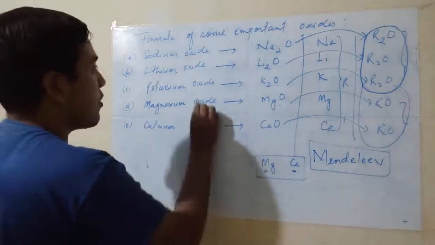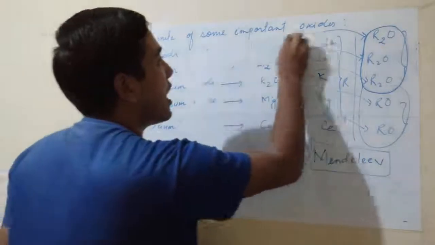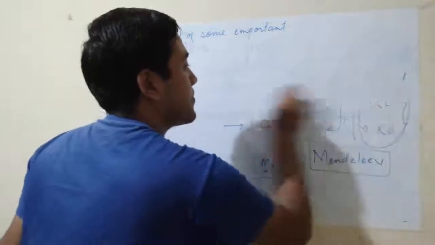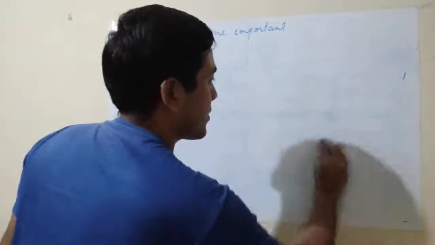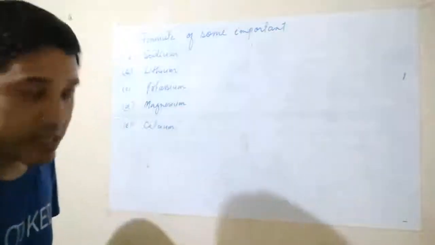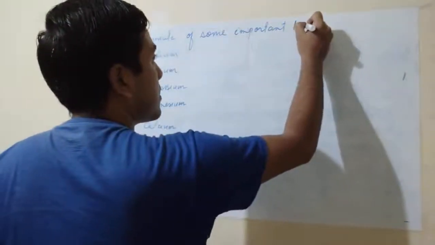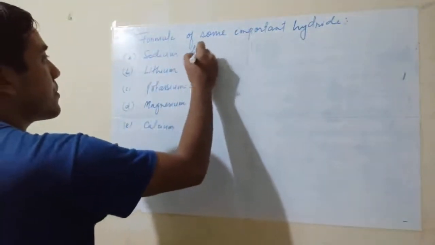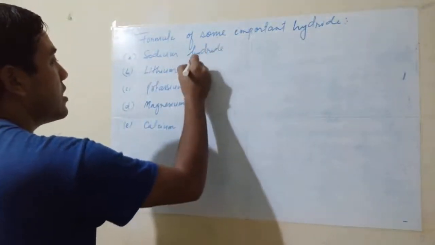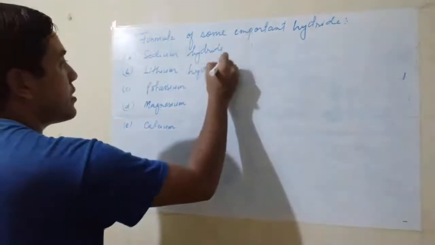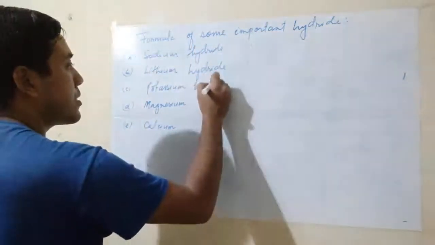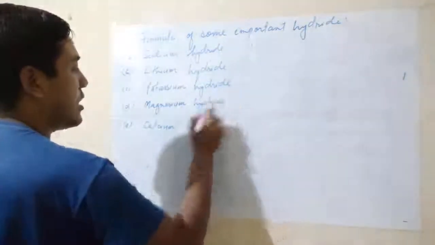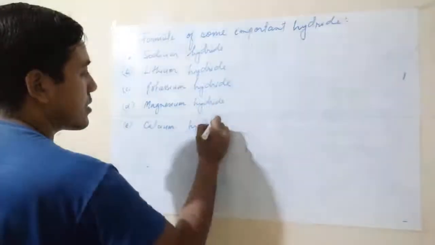Next, this was for oxides, right? Next is for hydrides. I will give examples of important hydrides: sodium hydride, lithium hydride, potassium hydride, magnesium hydride, calcium hydride.